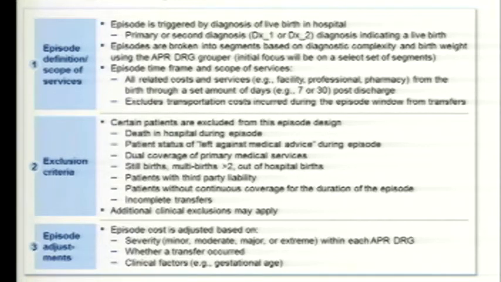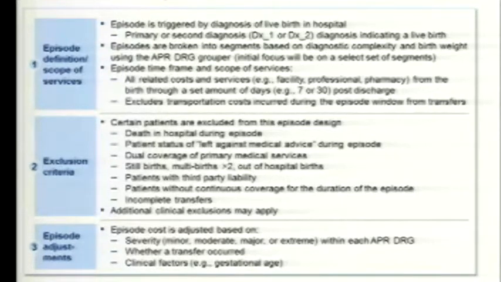The patients who don't have continuous coverage during the episode, and incomplete transfers. I don't know what an incomplete transfer refers to, but perhaps. Occasionally in a claim, patients will have a discharge status of transferred, but you won't see a subsequent claim. In that case, we're considering those incomplete transfers, so you don't see the full duration of the episode, and for that reason we're considering them incomplete episodes. So billings that don't make sense. That's right, precisely. Okay, good. We will not count things that don't make sense.